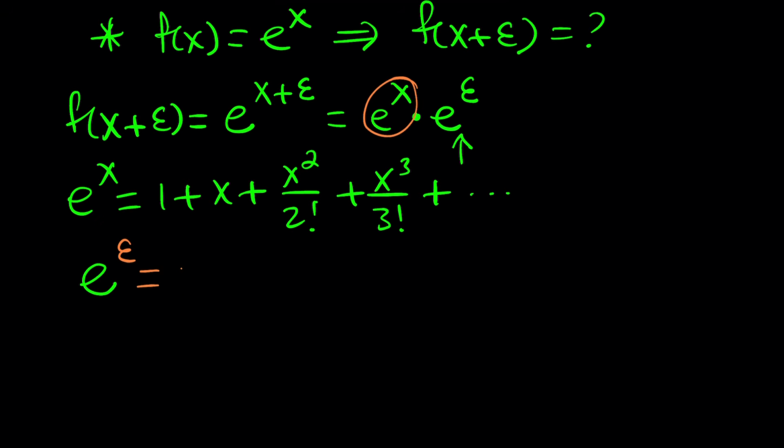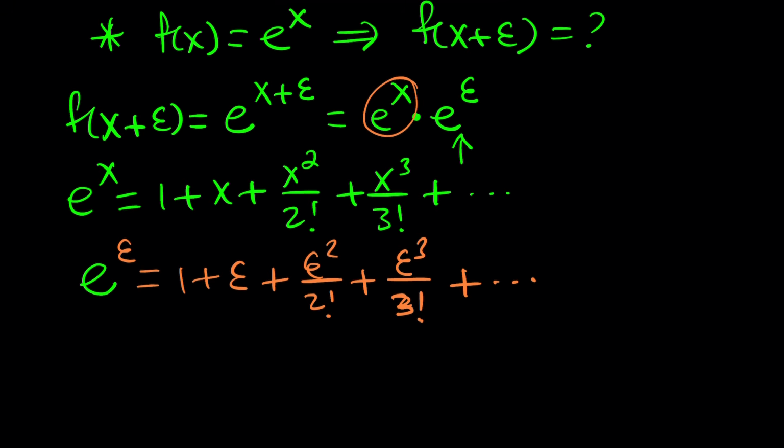It's going to look like this: 1 plus epsilon plus epsilon squared divided by 2 factorial plus epsilon to the third power divided by 3 factorial, and so on and so forth. But if you remember the definition of epsilon, you realize that epsilon squared is equal to 0. And of course, epsilon cubed is also 0, needless to say.